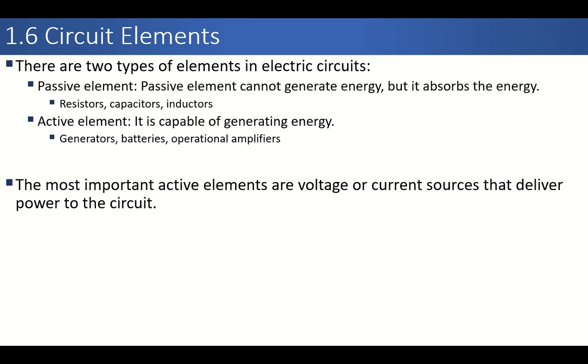The most important active elements are the voltage or current sources that deliver power to the circuit. For basic circuits, we can say that the basic important element is the voltage source or current source. We can easily see that in labs we have such elements, or in homes we have a mains supply of voltage or current.